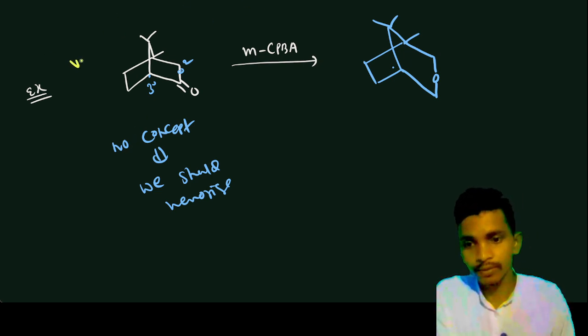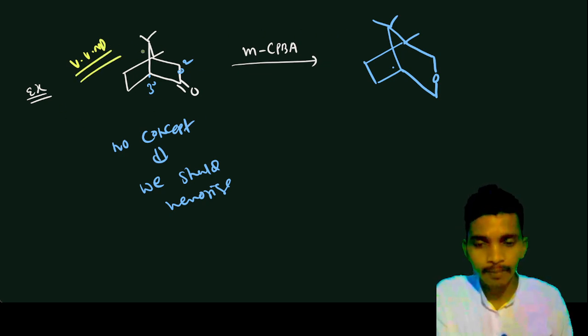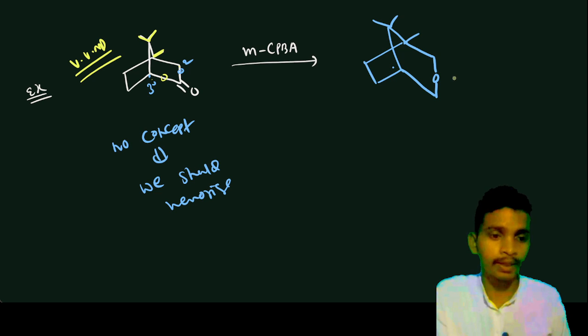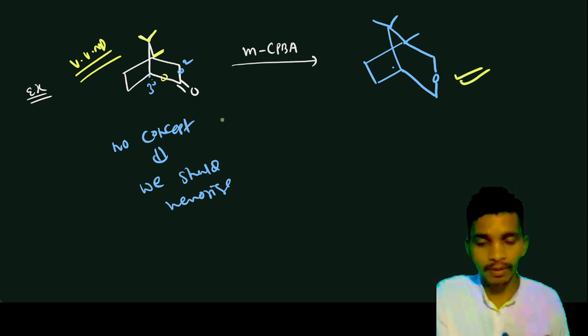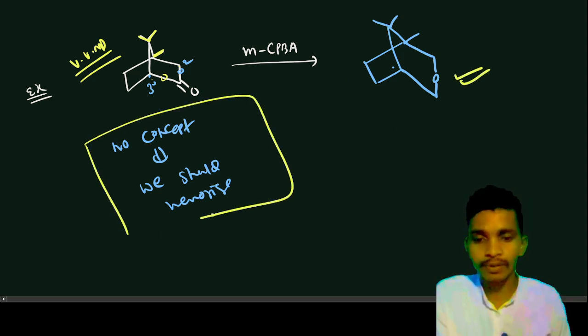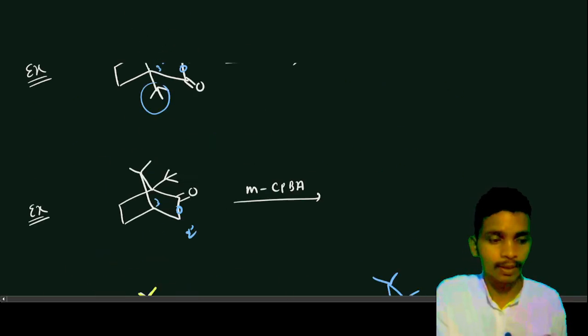Okay, very important. This one has to be memorized: if this type of group is there, the steric factor is above, and this is 2-degree and this is 3-degree. Down there is no steric factor, so O should add here, but again the O is adding to this one. So there is no concept, it has to be memorized for this type of example.